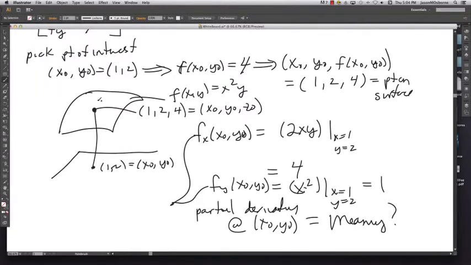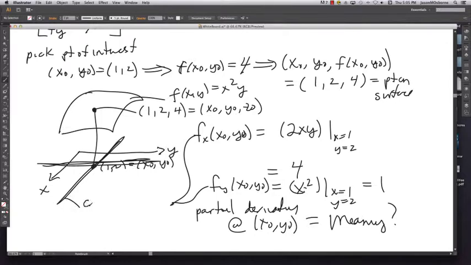Okay. So my claim is the following. I will draw it on the picture and then we will back it up with a computation. My claim is that we're going to look at 2 curves, one going this way and one going this way, through that point 1, 2. Here's your x-axis, here's your y-axis.